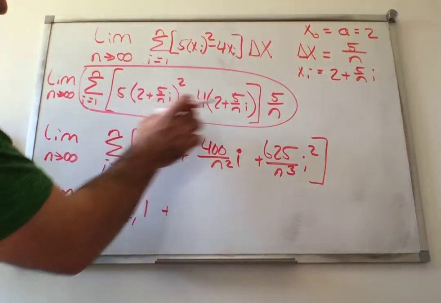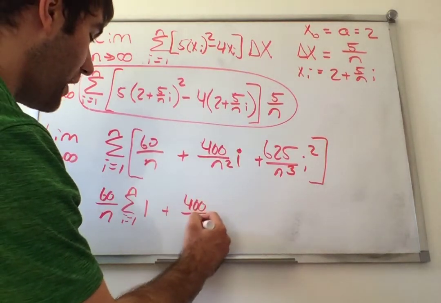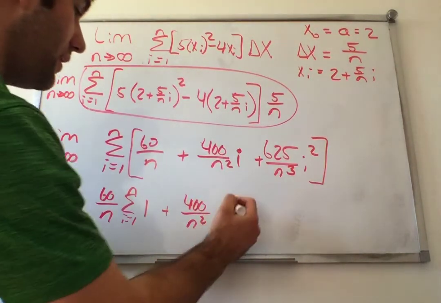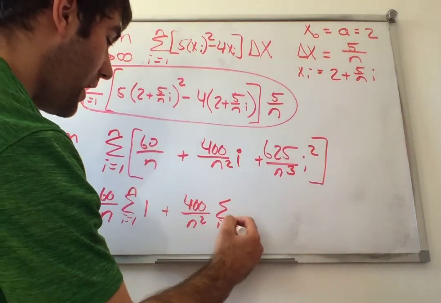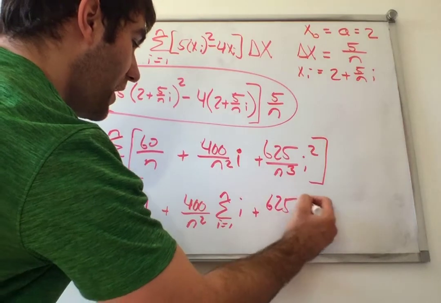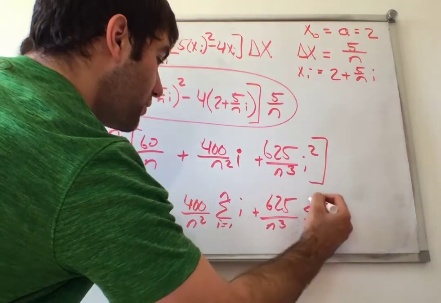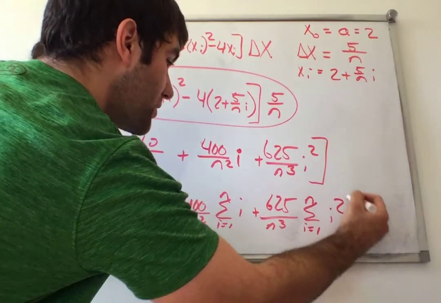Plus, now I move the sum over here, I get 400 over n squared times the sum i equals 1 to n of i, plus 625 over n cubed times the sum i equals 1 to n of i squared.